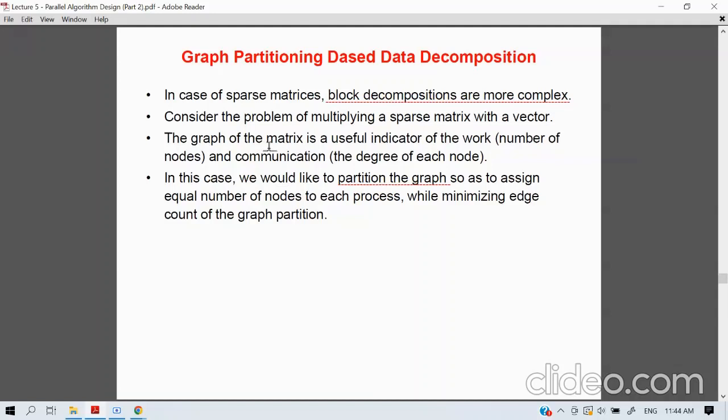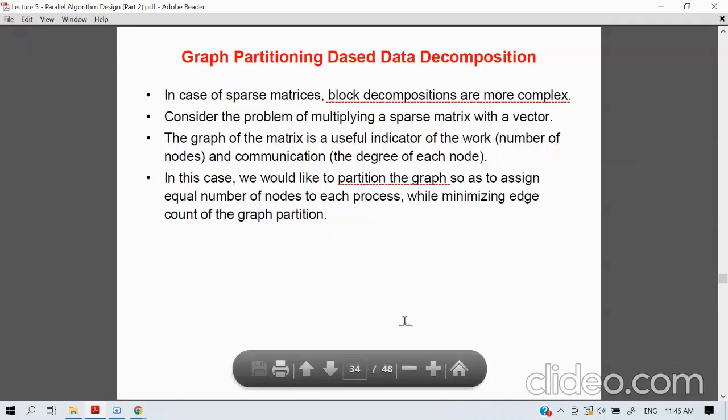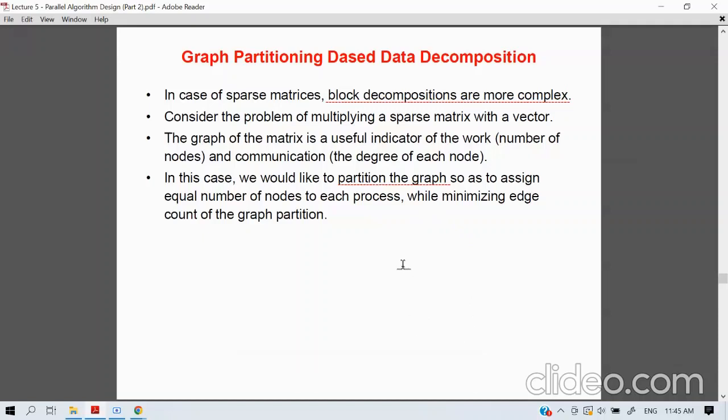So we can look at the graph, okay, and look at the number of nodes. Then we know how many communications between the nodes are used. Okay, in this case, we would like to partition the graph so as to assign an equal number of nodes to each process. So it is said that when we partition the data based on graph, actually it can minimize the edge cut of the graph partition or minimize the communication.